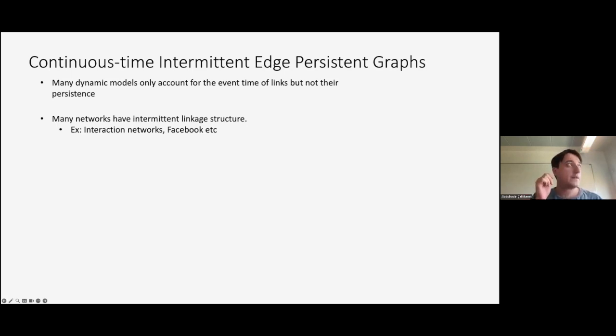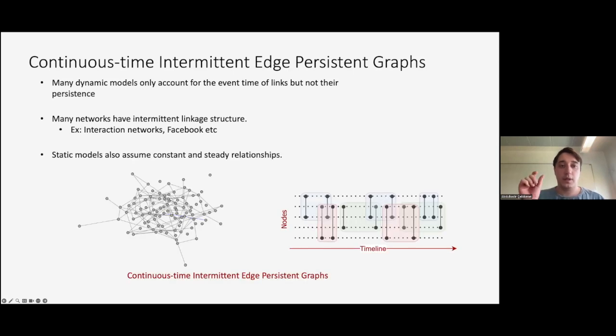Previously, events or links indicated instantaneous event points, but in this case each edge will have an intermediate linkage structure.